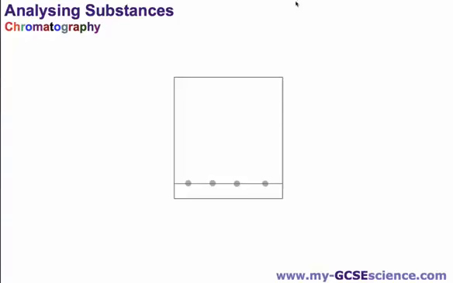So here I've got a piece of paper for our paper chromatography. I've got 4 samples, and we can label three of these as known samples. We'll call them A, B and C. And what we could say is there were additives in food.